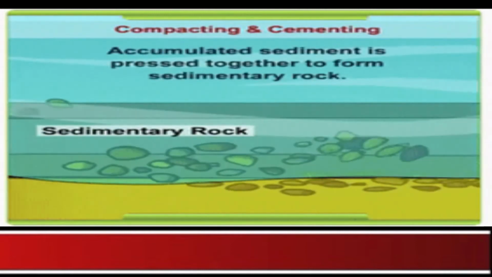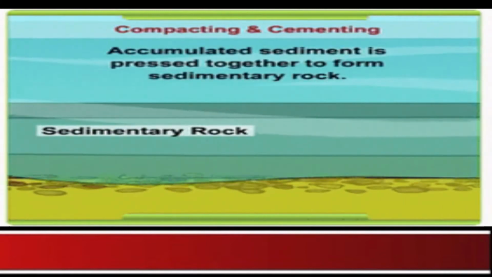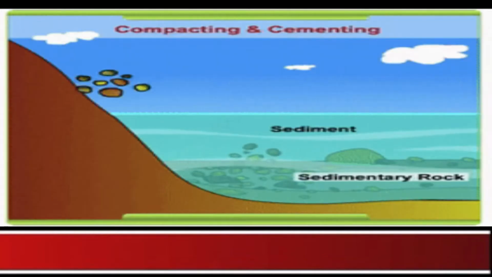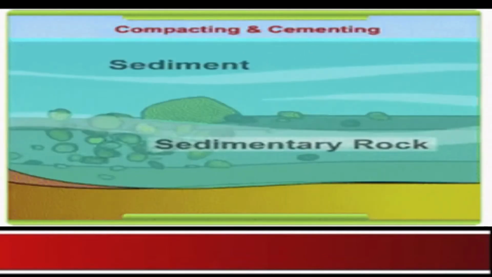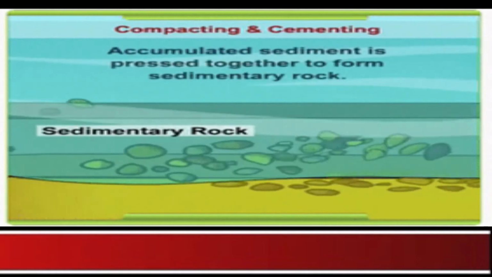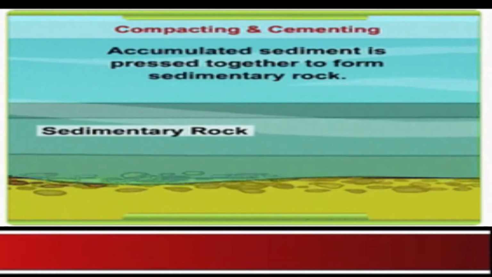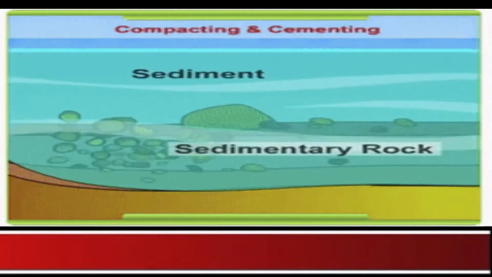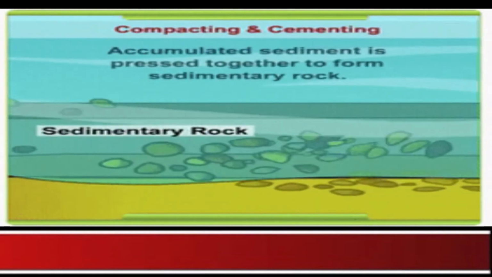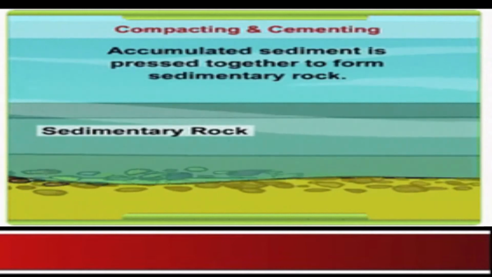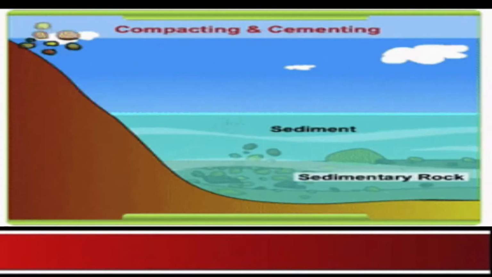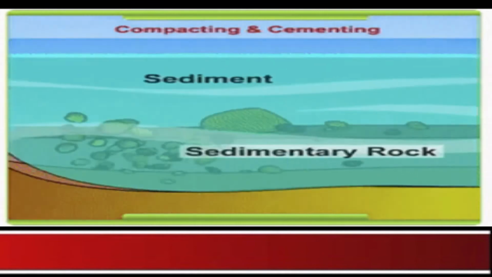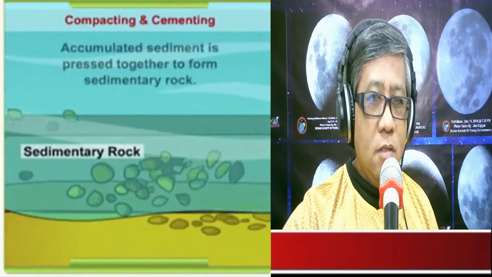These sediments are carried by running water, and they get deposited in a body of water like a lake or a river, in layers. Eventually, over time, these layers get accumulated, and the accumulated sediments get pressed together and form sedimentary rocks.